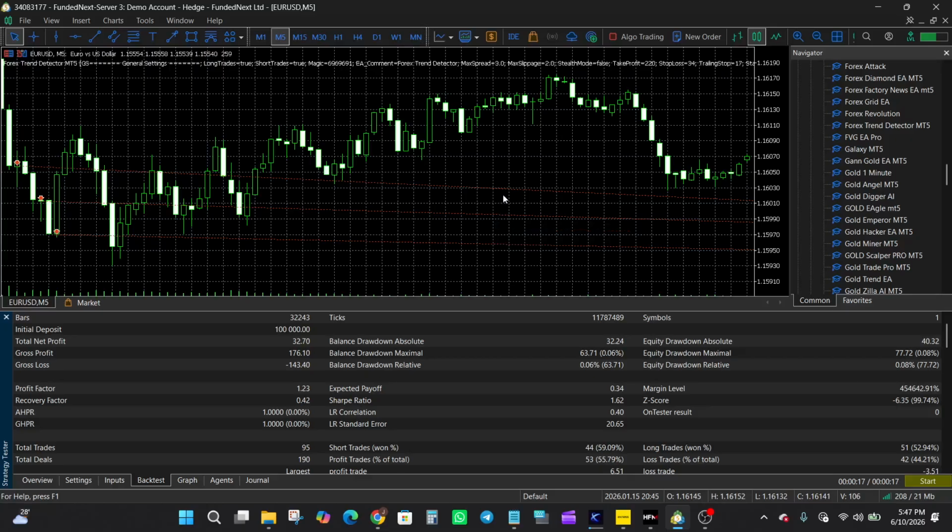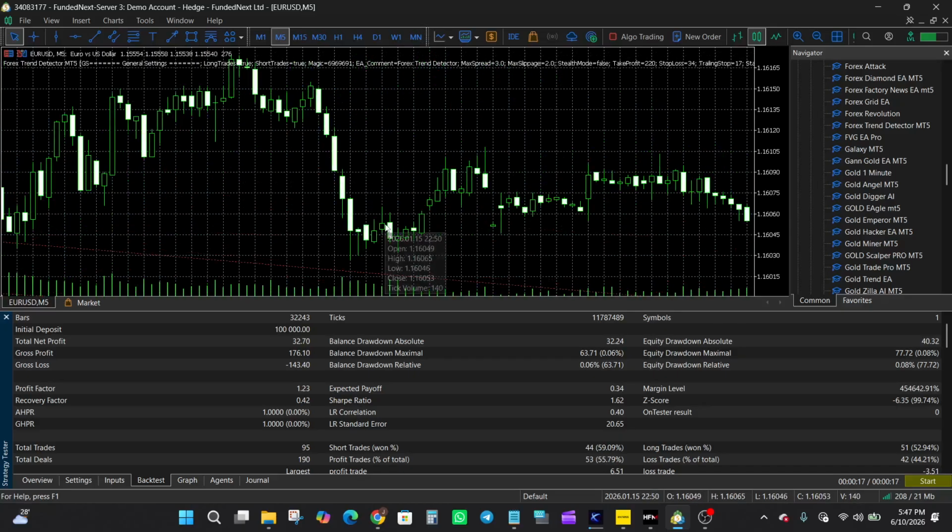The trade distribution looks structured around directional moves, with exits appearing managed through predefined risk and protection logic. So from the historical results, this is purely backtesting performance.